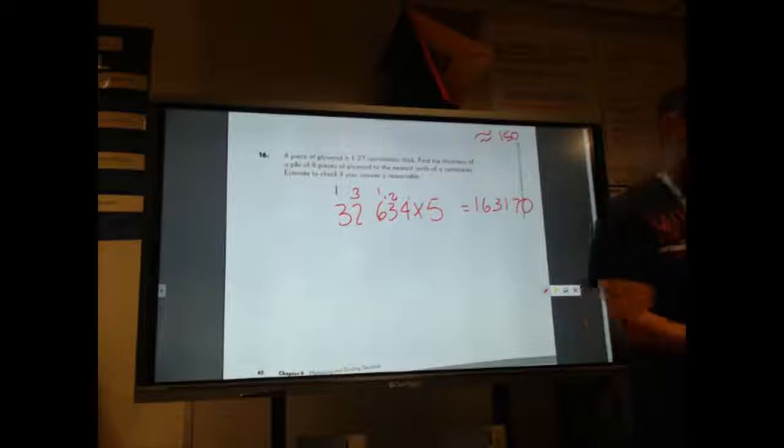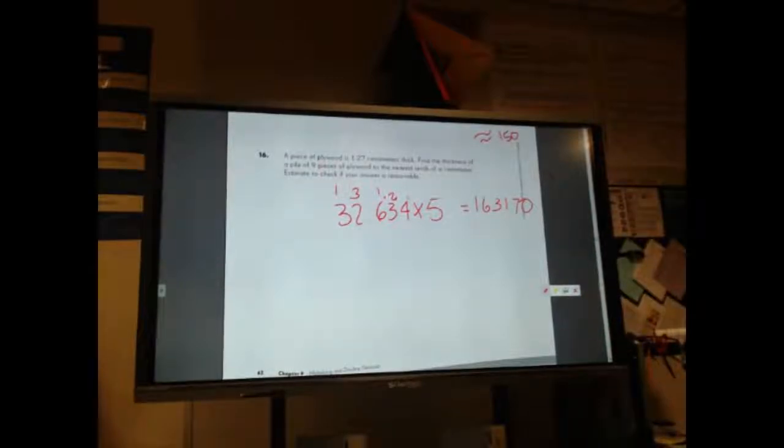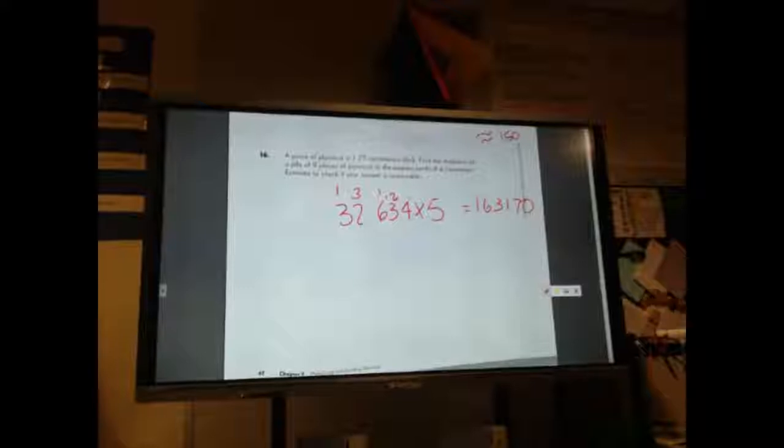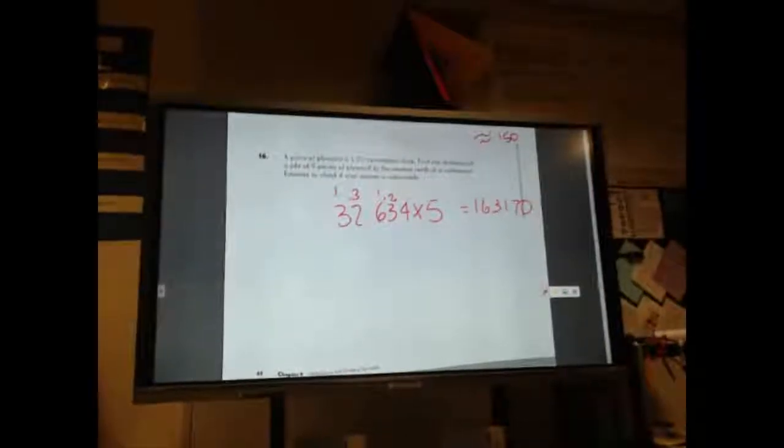Tell your neighbor where your decimal point should be. After the 3. After the 3. And did you explain why? Why it should be after the 3? Because I saw 16 and I saw 1,000.